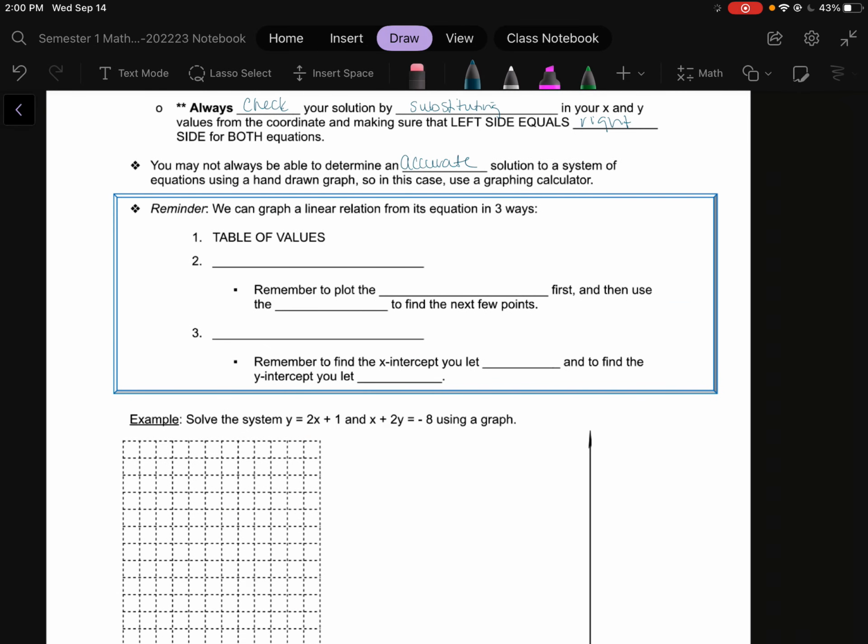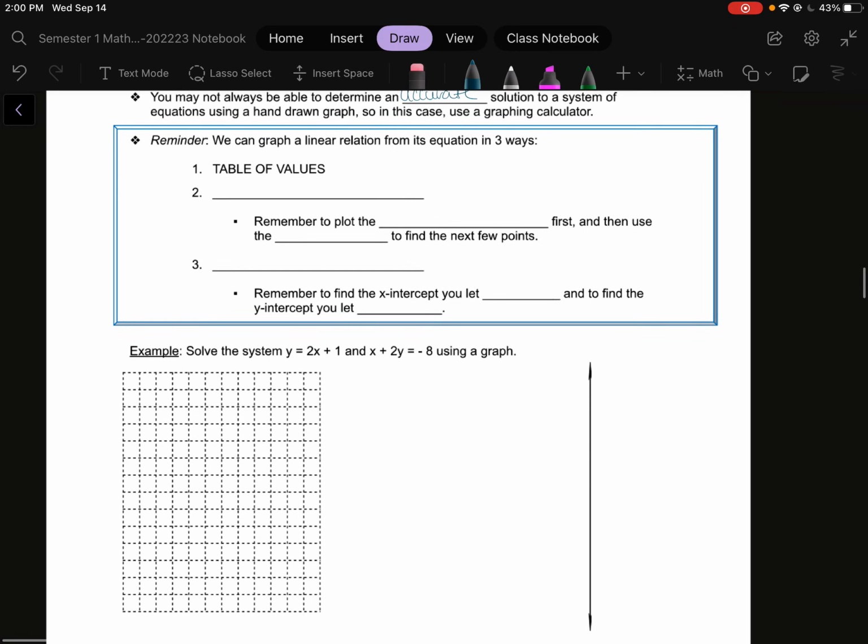We can graph a linear equation from its equation in three ways, and we talked about these three ways yesterday. The first is a table of values. The second is the slope and y-intercept, where we look at the y-intercept first and then use the slope afterwards.